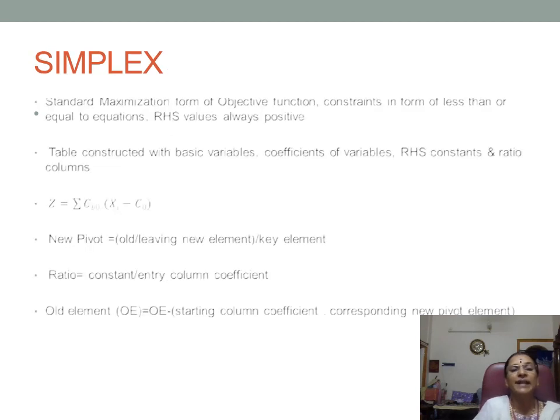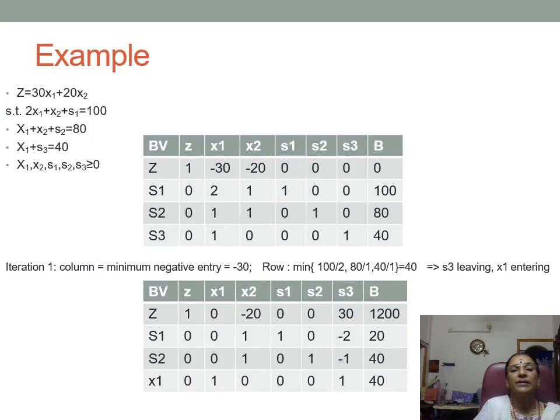Simplex. Standard maximization form of the objective function has constraints in the form of less than or equal to, and the RHS value is always positive. Using this simplex, we convert a given problem into a boundary value problem, where the boundary value is Z. Already we have taken the slack variables S1, S2, S3.